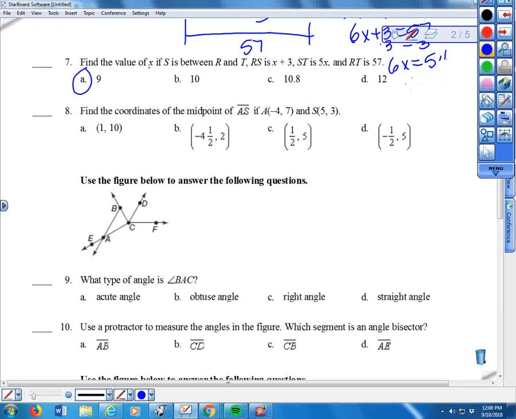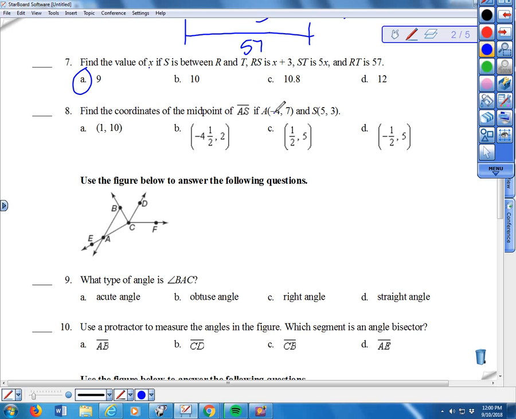Midpoint question. How do you find midpoint again? Add the x's and divide by 2. Add the y's, divide by 2. It's the average of the x's and the average of the y's. Okay? So if I'm going to add negative 4 and 5, what do I get?